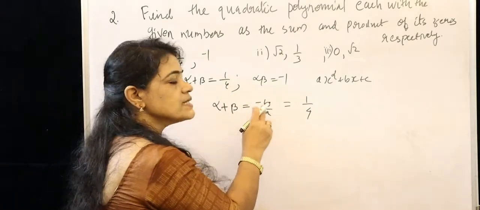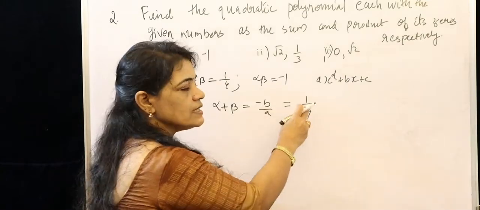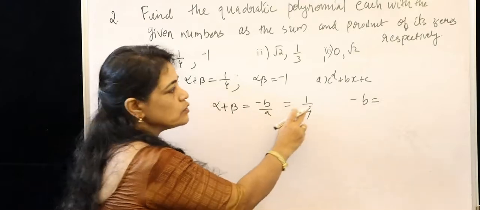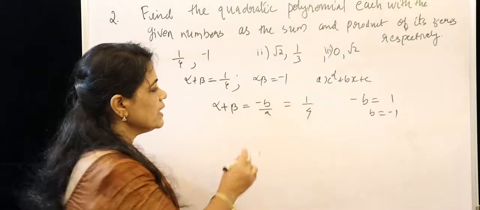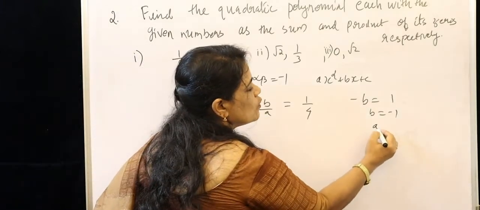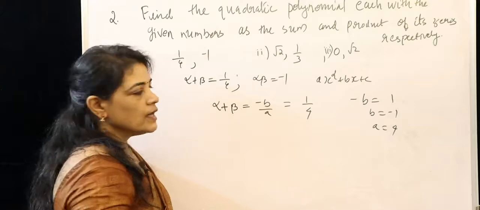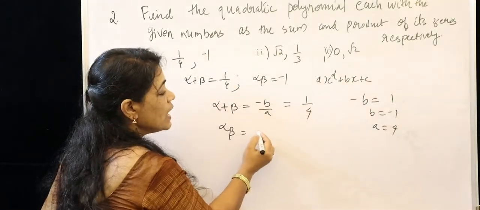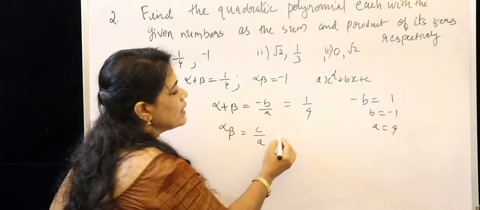That means here minus b is the numerator, so 1. So b is equal to minus 1. Here a equals 4, the denominator is 4. What is alpha beta? The product is given as minus 1, and we know that is c by a.